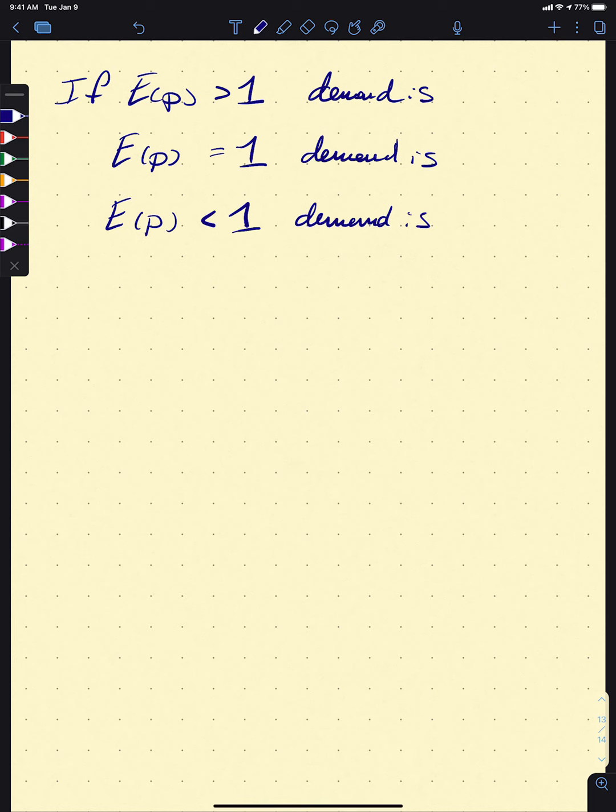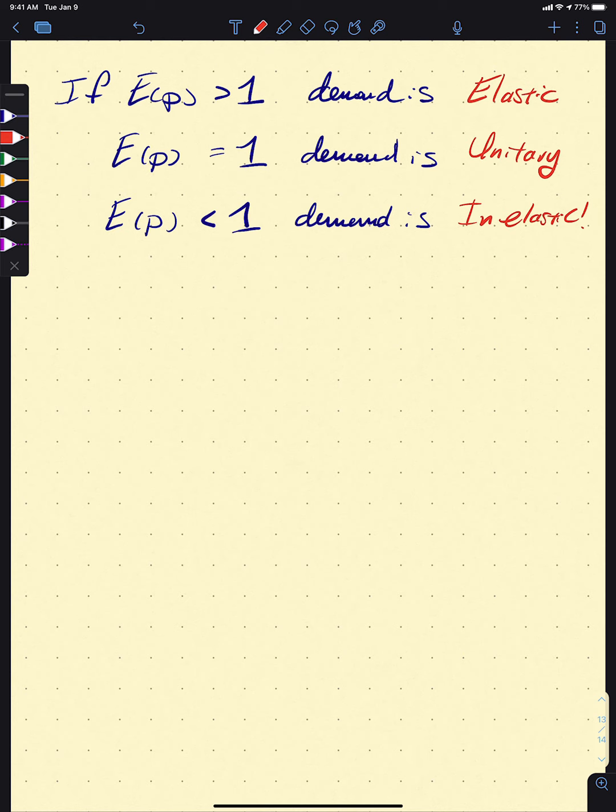If E of P is greater than 1, we say that demand is elastic. If it's equal to 1, we say it's unitary. And if it's less than 1, it's inelastic.